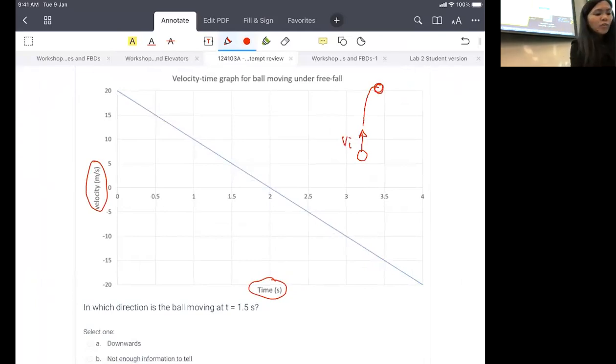At that point, it will momentarily stop before it will start going down again. So going up, the ball will lose speed, and then going down, it will gain speed.